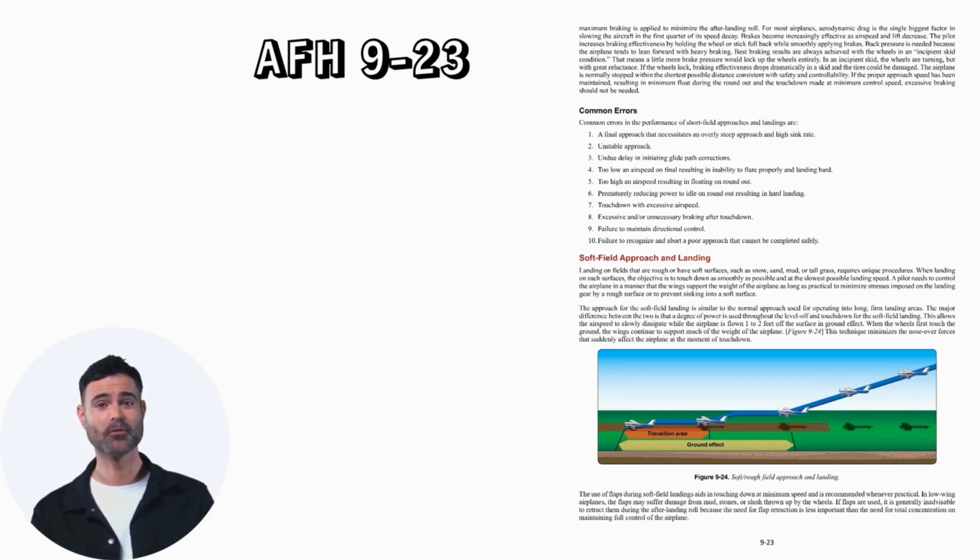Too high an airspeed resulting in floating on round out. 6. Prematurely reducing power to idle on round out resulting in hard landing. 7. Touchdown with excessive airspeed. 8. Excessive and/or unnecessary braking after touchdown. 9. Failure to maintain directional control. 10. Failure to recognize and abort a poor approach that cannot be completed safely.